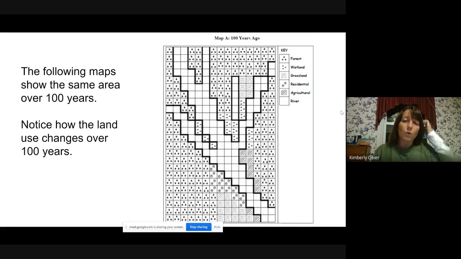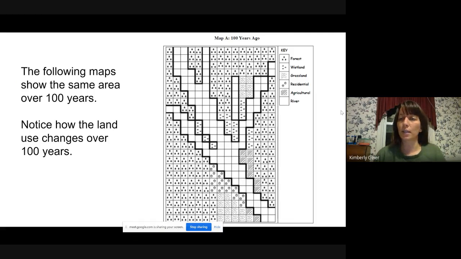So we have three maps, and these are pretend maps, not a real region, but we can look at maps like this and determine what kinds of land use they have. You're going to look at three maps of the same area over 100 years, and I want you to pay attention and see how the land use has changed over the last 100 years.